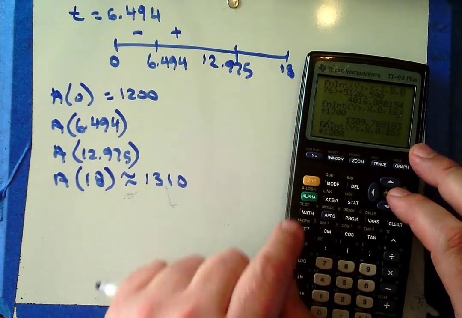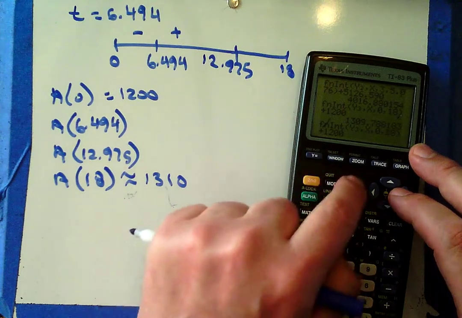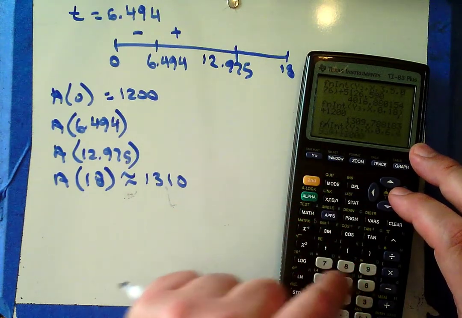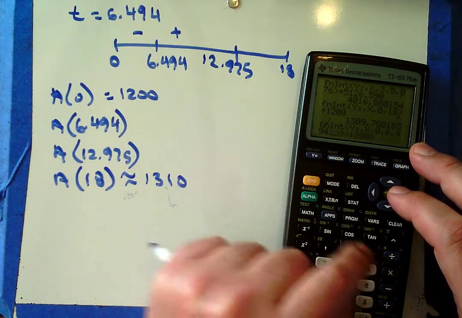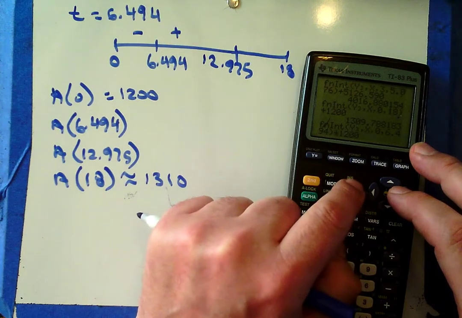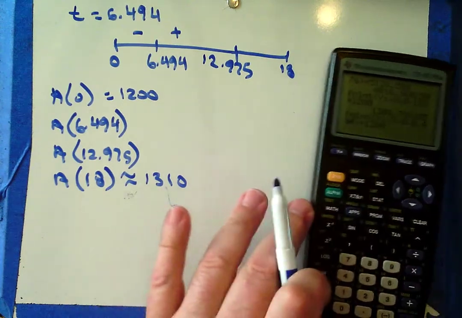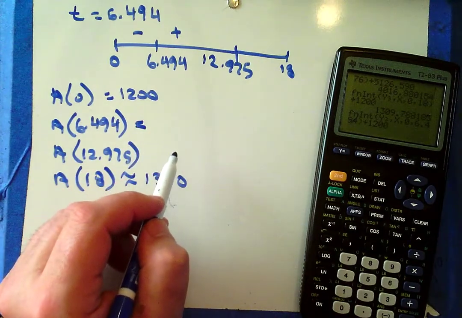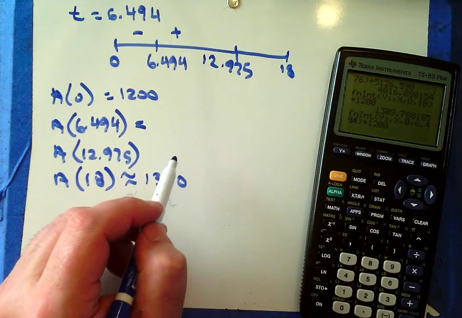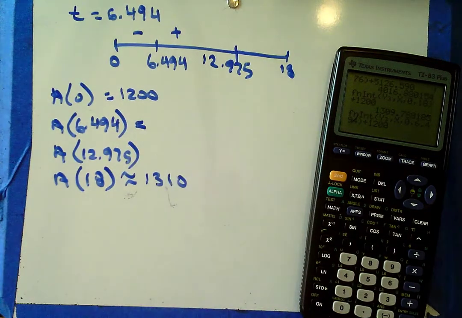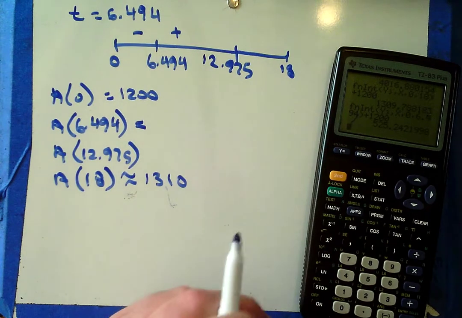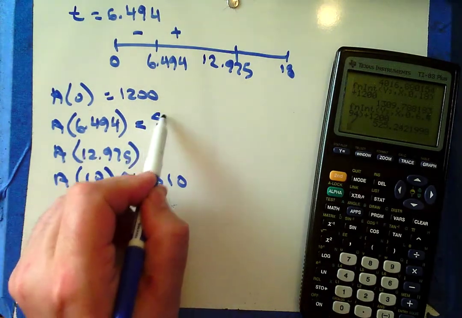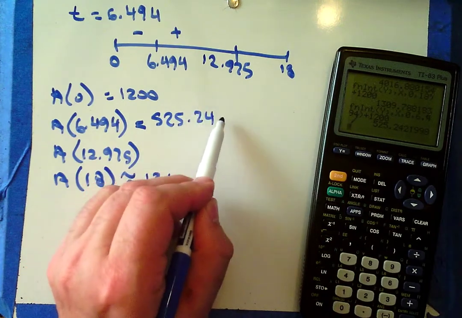But this time we're going to go to second insert 6.494. And I get some wait time. 5.242.